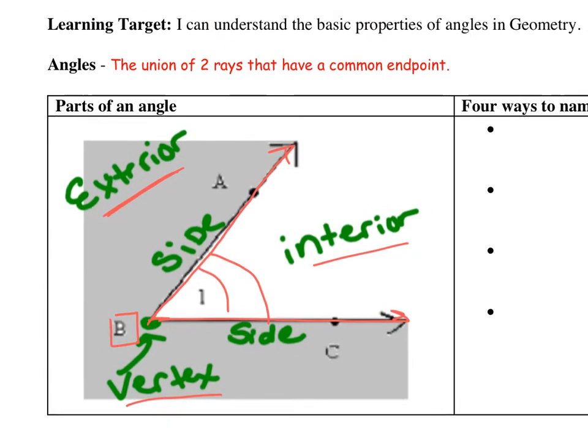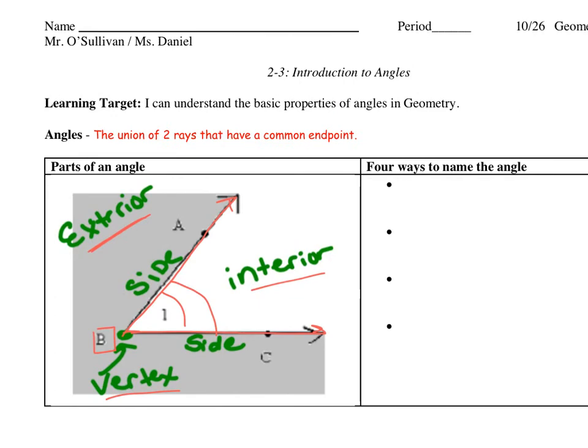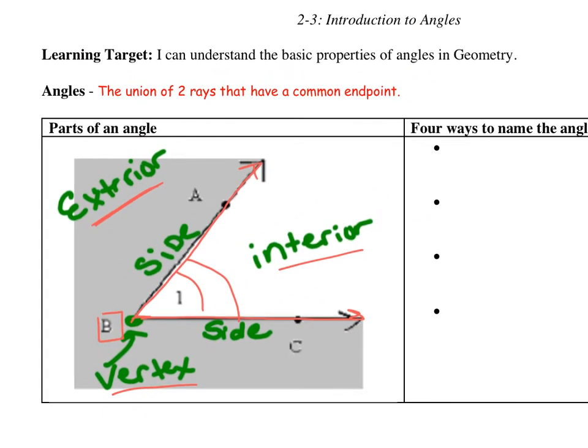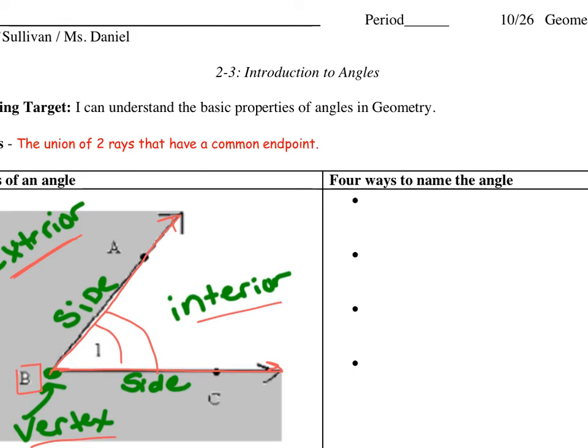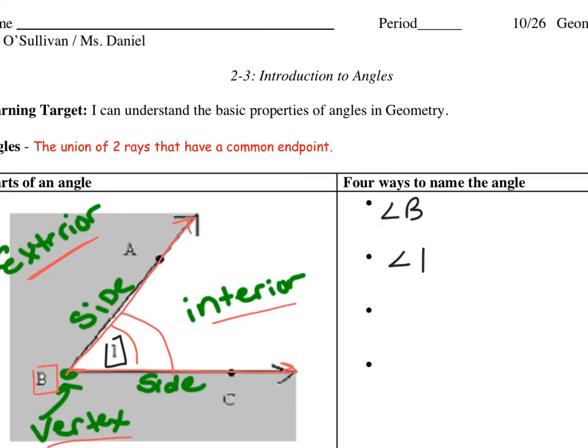There are 4 ways to name your angle. You can simply just name it by its vertex, so in this case, angle B. You can also name it by the number you put there. For instance, I put a 1 here, so I can name this angle 1. We're typically going to be using these two notations.